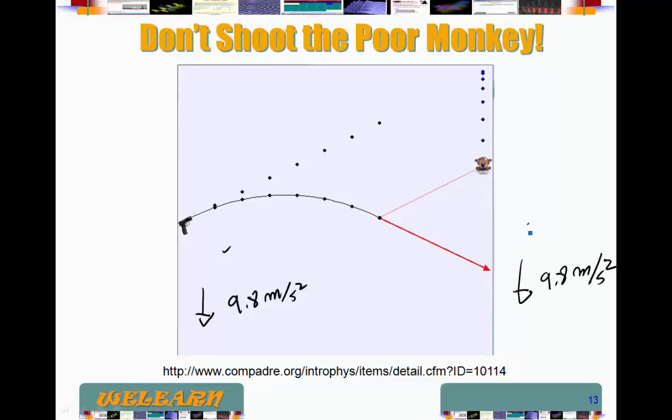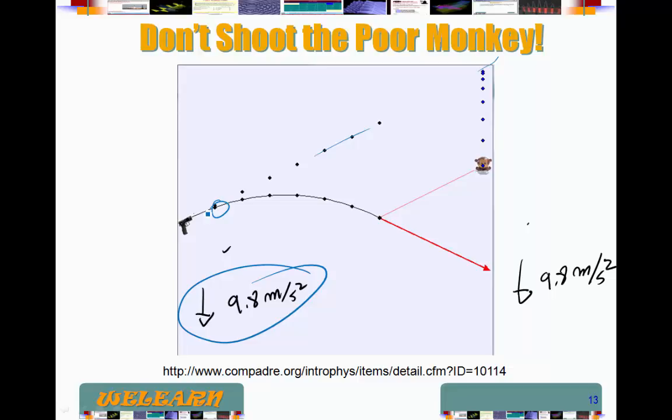Now, the straight path aimed towards the monkey will make the bullet move in a straight line if we don't have an acceleration. However, because of the acceleration along the vertical, the bullet is going to deviate by this much during that first second.